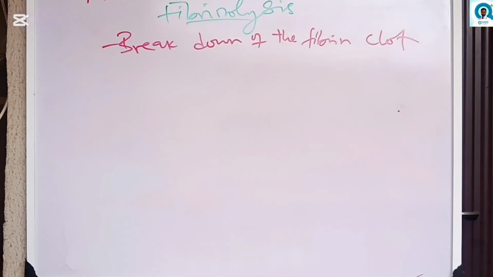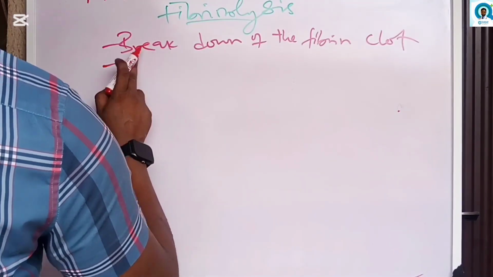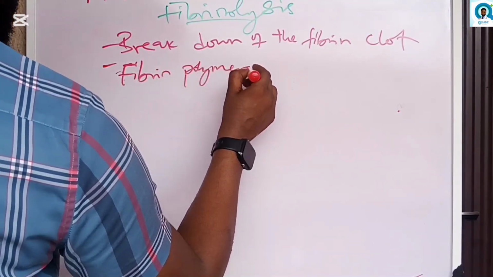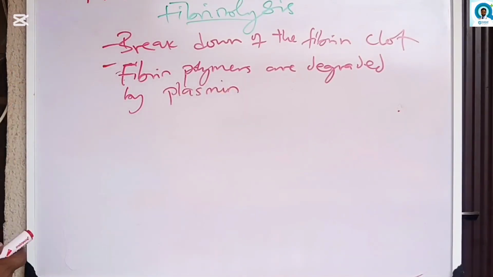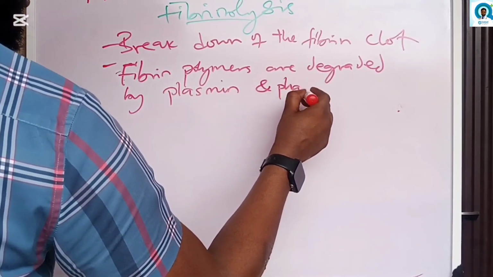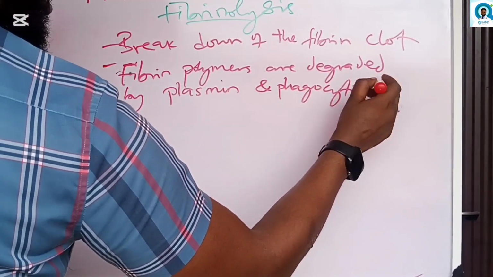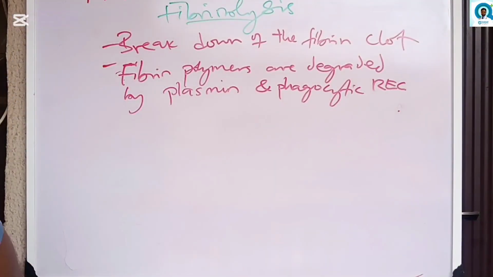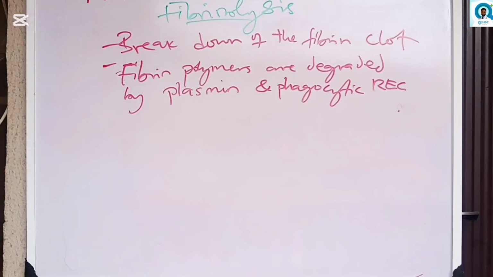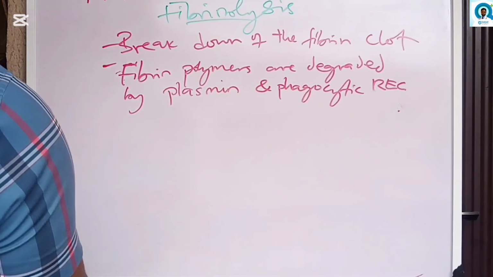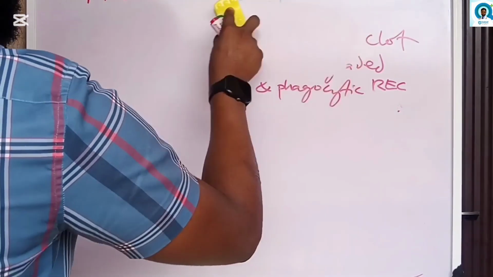This process begins at the same time that clot formation is initiated. Fibrin polymers are degraded by plasmin and also by phagocytic cells of the reticuloendothelial system. This process releases fibrinogen and D-dimer into the system.